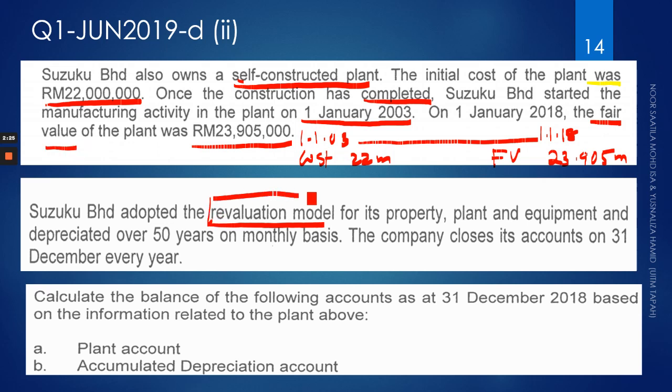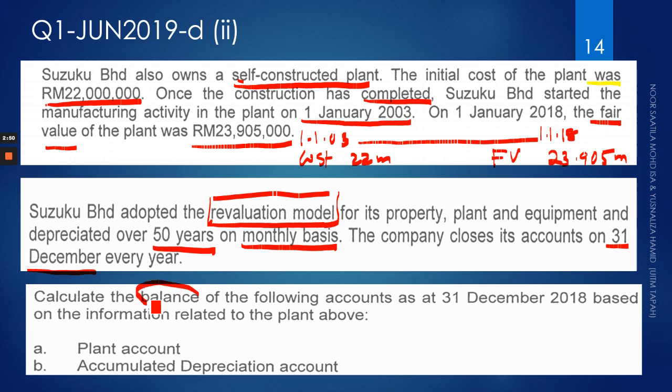Unless they do not adopt it, you will just ignore the fair value. It will be depreciated over 50 years on a monthly basis, meaning that you still depreciate the asset according to month of ownership. The closing is every 31st December. This is what you are required to do.